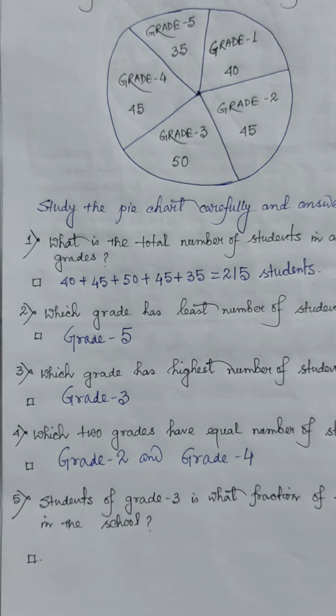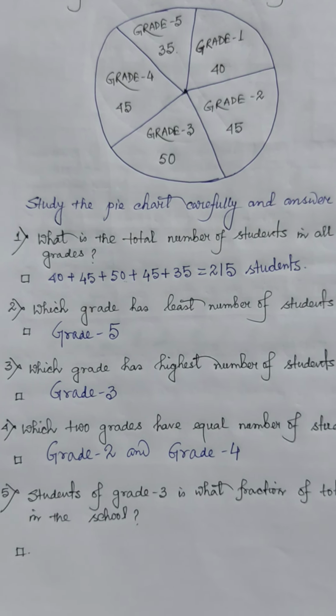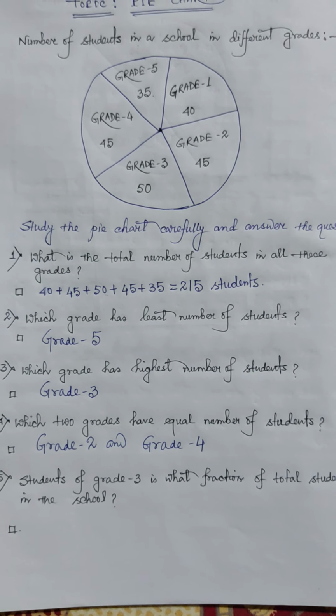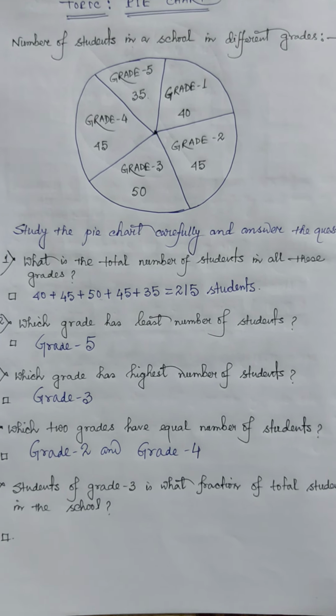Next, number 5. Students of grade 3 is what fraction of total students in the school? Total students in the school we have got already 215, and grade 3 is 50.